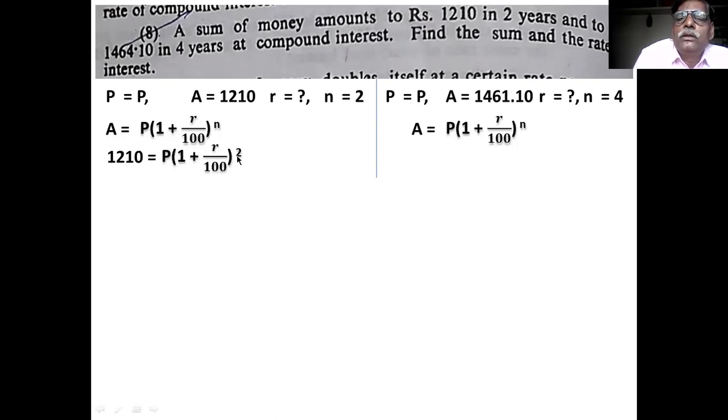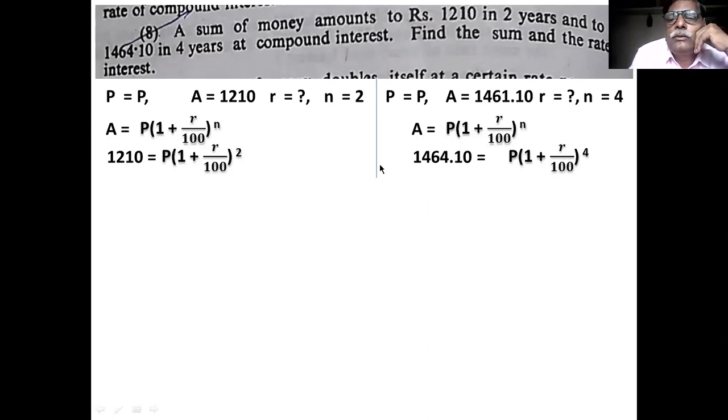This is the first side, the 2 years information. And if you go for the 4 years information, A is 1464.10, P is P, R is R, N is 4. This is the information. Okay.